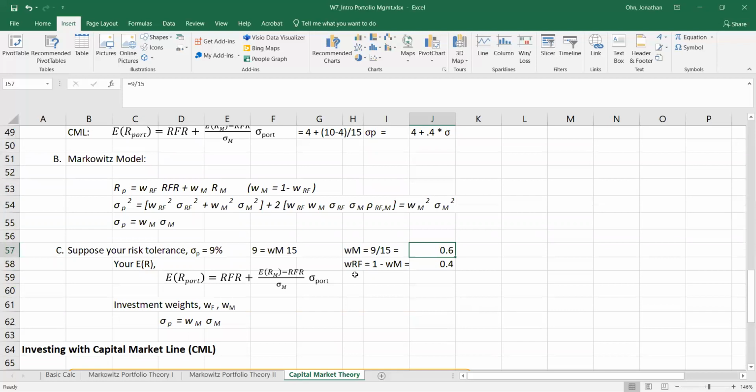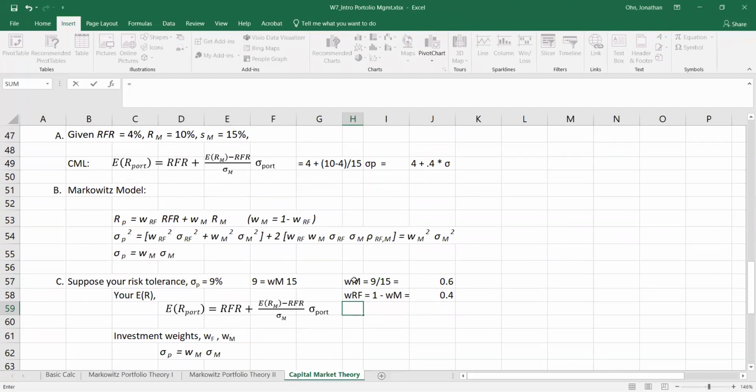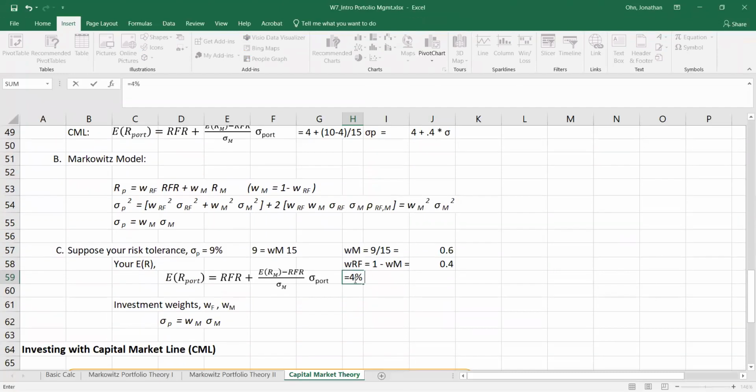Then let's calculate the return. It's the risk-free rate, 4%, plus 10% minus 4% divided by 15% times the portfolio risk, 9%.